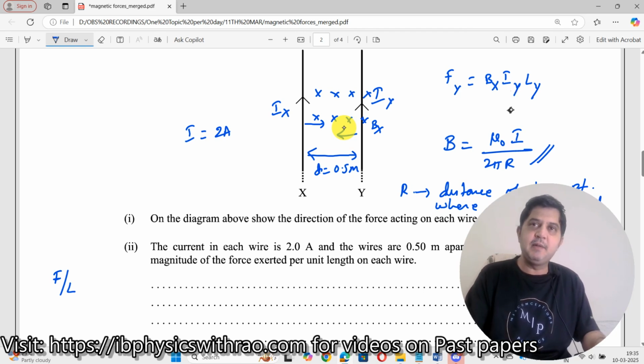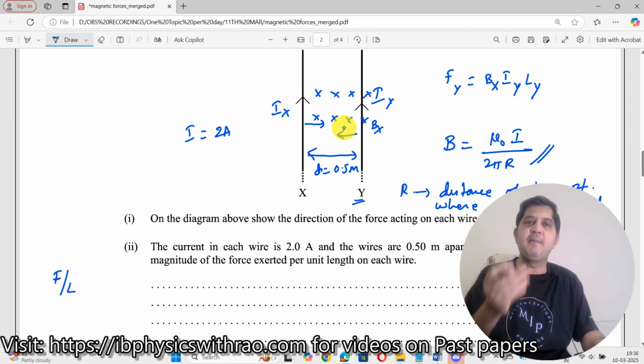This is nothing but the force acting on the second conductor due to the magnetic field generated by the first conductor. A current carrying conductor Y, when placed in an external magnetic field, which is the one due to X, experiences a force, and this force is directed like this, given by the left hand rule.